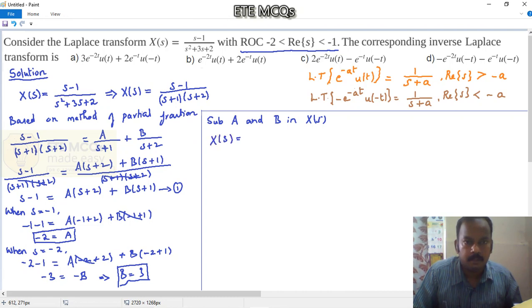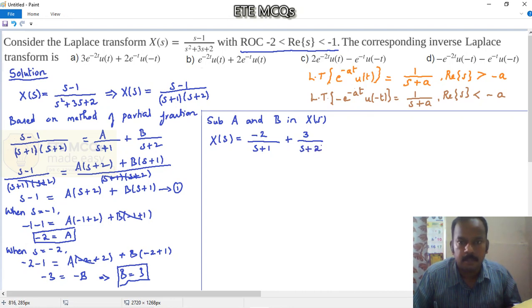X of s is equal to A divided by s plus 1. A is minus 2, so minus 2 divided by s plus 1, and B is 3, so you will have 3 divided by s plus 2.